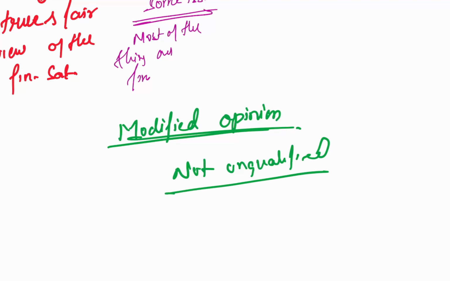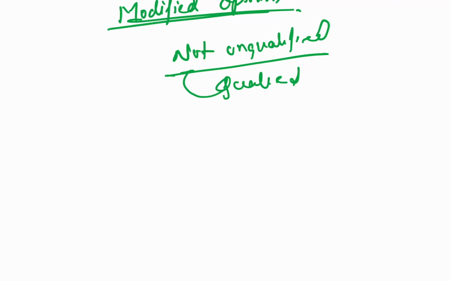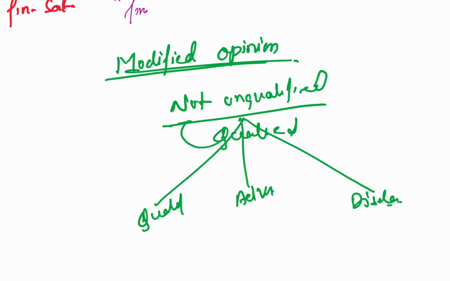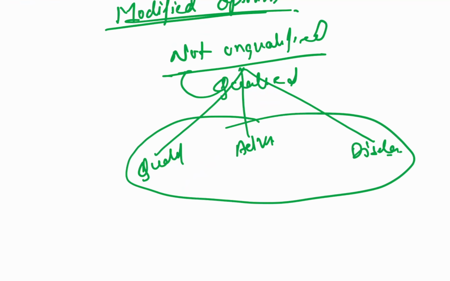Means writing the same thing but in a different manner is known as a modified opinion. So that includes each of the three, that is your qualified, adverse, as well as disclaimer. So if someone is writing that there is a modified opinion, that means it can include any of the three. Clear?